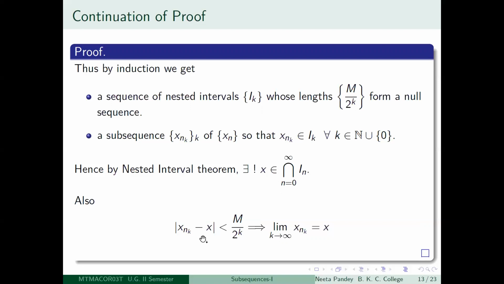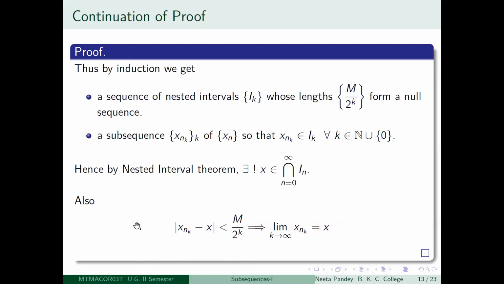So what is happening is you are getting 0 less than or equal to |x_{n_k} minus x| less than m divided by 2 to the power k. m by 2 to the power k is a sequence which is converging to 0. 0 is obviously the constant sequence converging to 0. Therefore, the limit as k tends to infinity of |x_{n_k} minus x| is equal to 0 by the sandwich theorem. So that means the limit as k tends to infinity of x_{n_k} minus x is equal to 0.